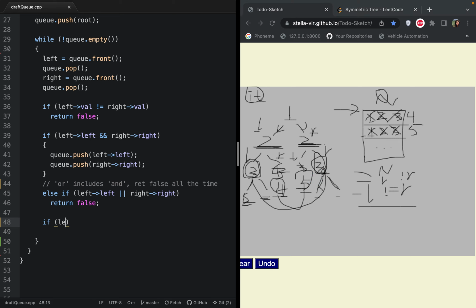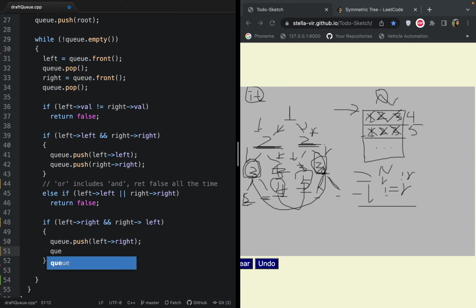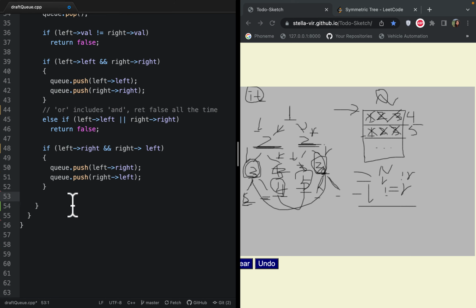If the left's right and the right's left both exist, then we push them into the queue, else if there's only one side that exists, then we return false.